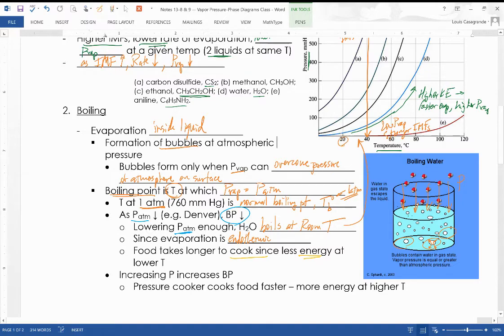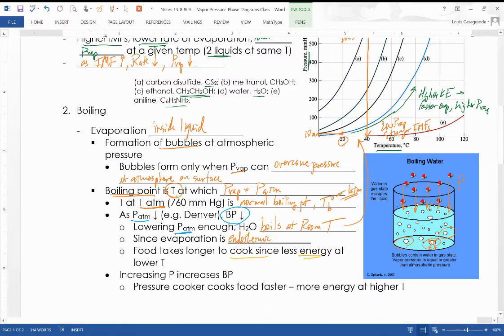Room temperature is about 20 degrees. So right there would be the pressure that we would need to get to, and that looks like, I'd guess, about 10 millimeters of mercury. So if I can get down to 10 millimeters of mercury, I can boil water at room temperature.